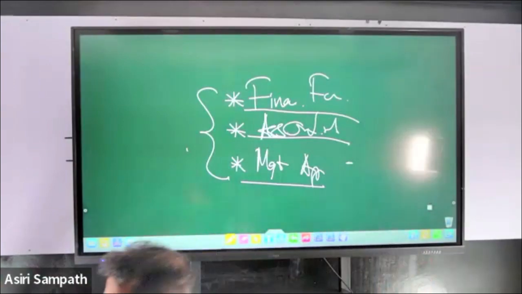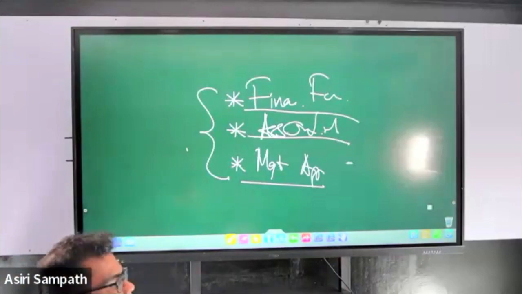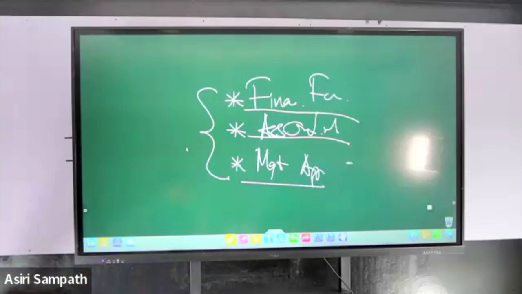Take down exercise. Following information was taken from JK Traders. Number one, sold goods for rupees 70,000.